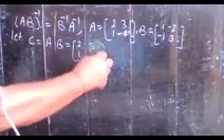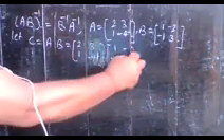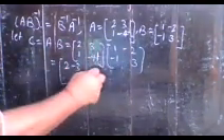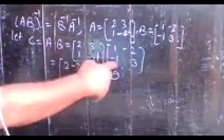Now putting its value, you have 2, 1, 3, minus 4 into B matrix, which is 1, minus 1, minus 2, 3. Now taking its product: first row, first column, you have 2 minus 3. First row, second column, you have minus 4 plus 9. Second row, first column, you have 1 plus 4.